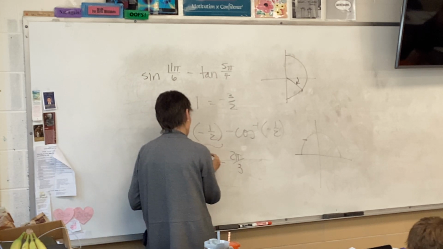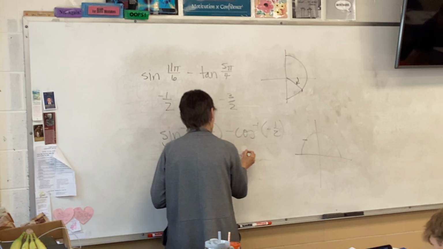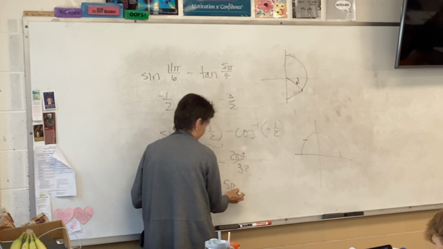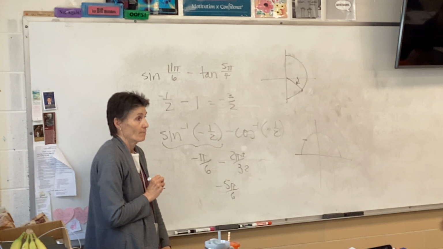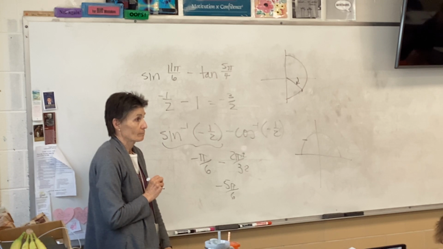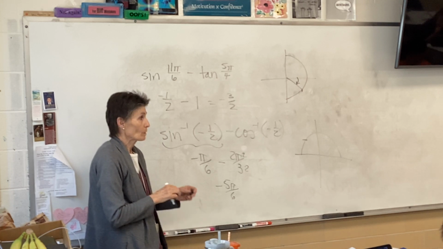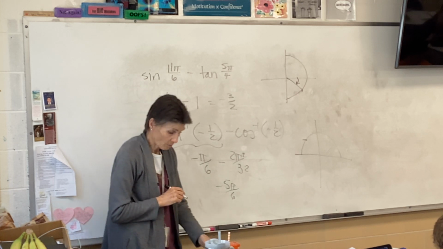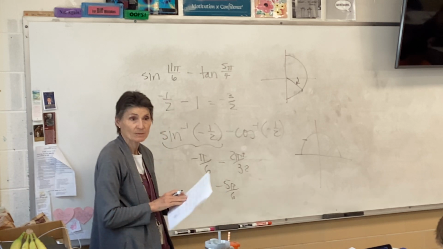So, oh wait, I'll do that. I'm hoping I said negative 5 pi over 6 as the answer. Okay, what else? So all of your questions on the paper, anything you missed has been answered.